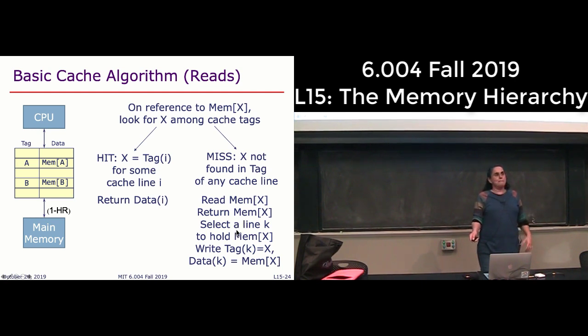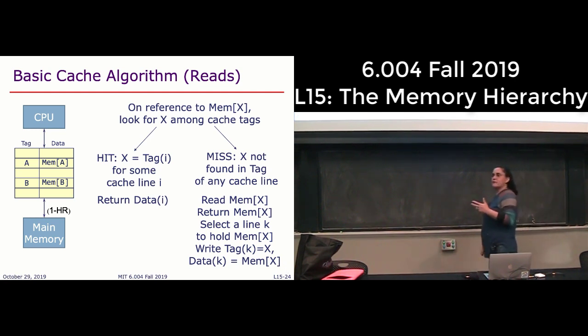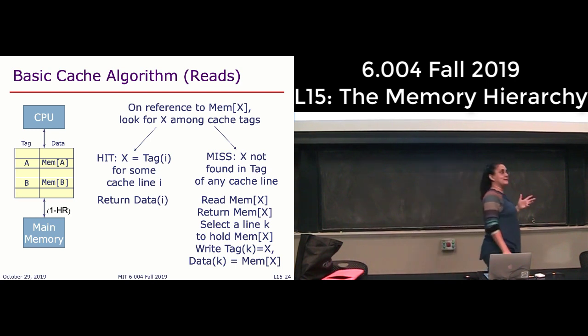I'm going to then pick a line in my cache where I'm now going to store this value so that if I try to access it again next time, I'm going to get a hit in my cache. And so then I write the tag of the line that I picked to be X, and I write the data of that row to be memory of X. So now next time I come and look for the same address X, it's going to be in my cache and I'm going to get a hit.